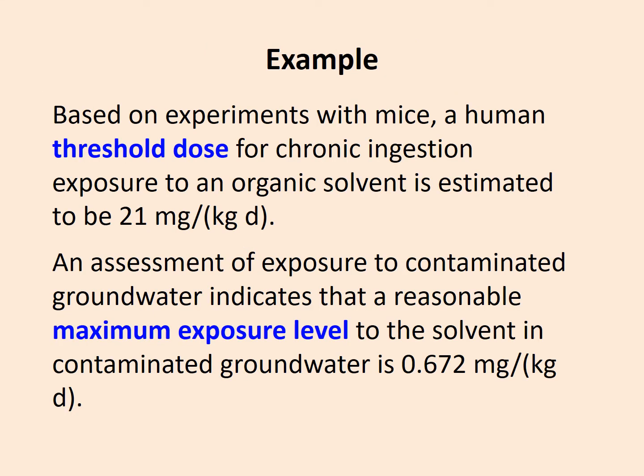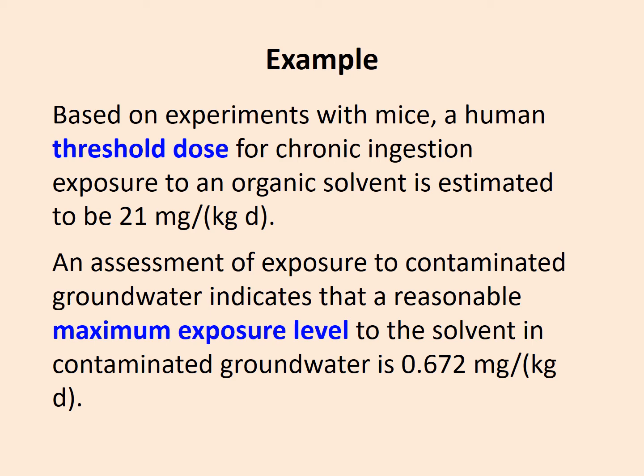So let's use this example. Based on experiments in mice, the human threshold dose for a specific solvent is estimated to be 21 milligrams per kilogram body weight per day. So that is the dose before we generally see an effect, for example, a negative threshold effect.